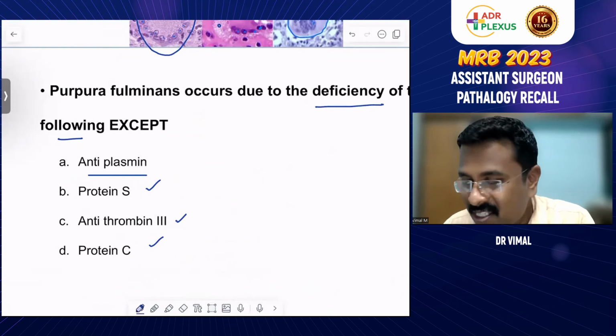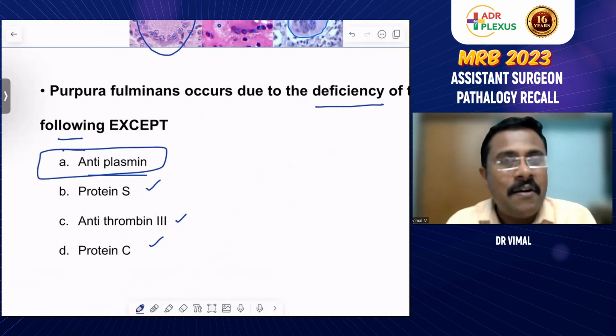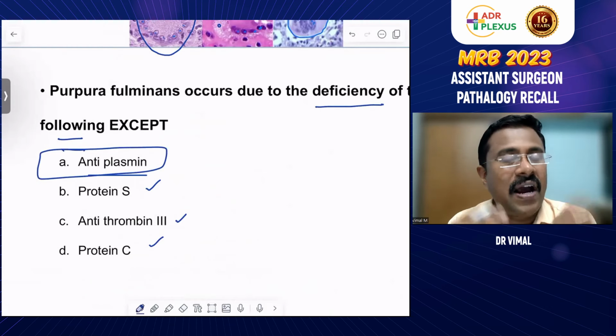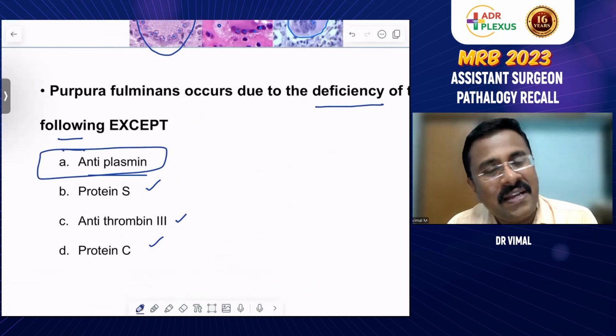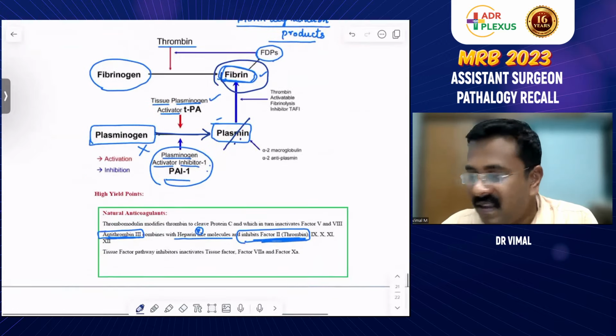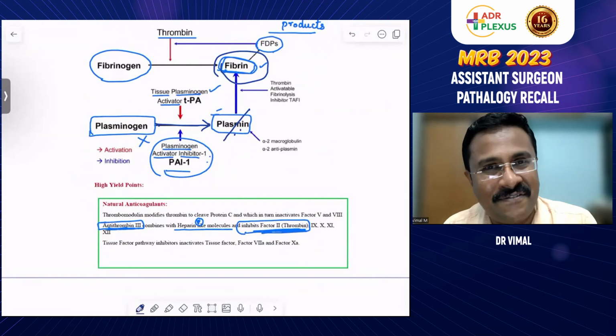So the correct answer here is that antiplasmin deficiency will not cause purpura fulminans. Obviously, the deficiency of protein C, protein S, and antithrombin will cause a state of hypercoagulability, resulting in purpura fulminans. As you can see from this discussion, guys, I have shown you with proof that all the questions were asked word by word from our notes itself.